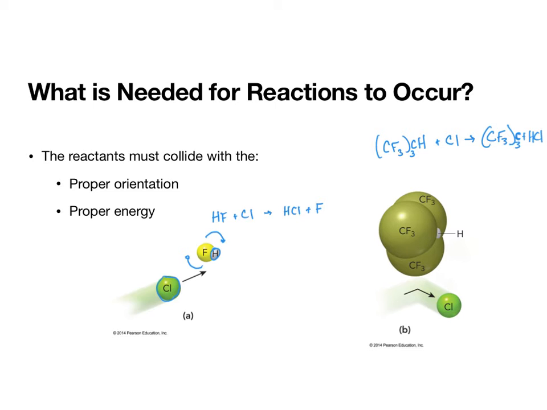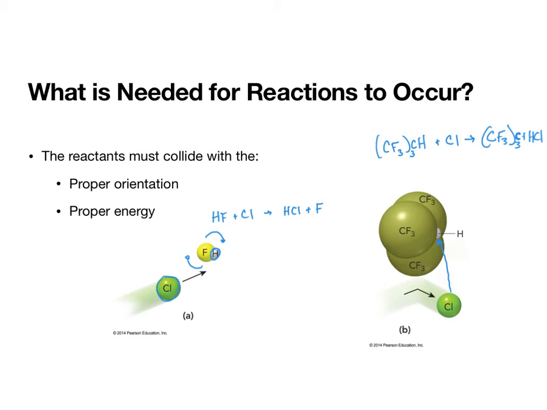In this reaction, the number of possible orientations this larger molecule can be in for the chlorine to find this H is much harder to achieve, because that H is hidden within the whole structure of this molecule.